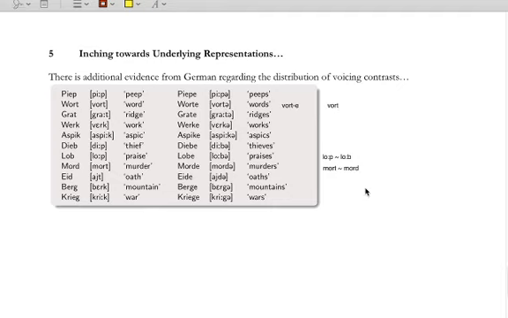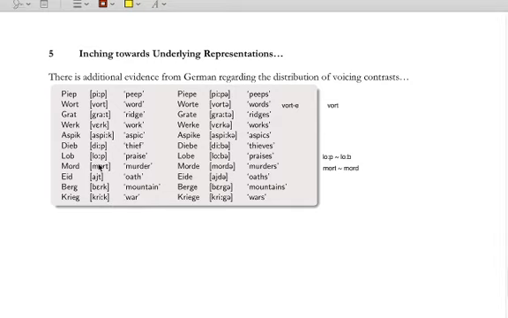And what that means is that if these are underlyingly voiced final obstruents in each of these nouns, and they're showing up in their true underlying form here, something must be happening over here, where they're no longer voiced but voiceless, and all of a sudden we've lost the contrast.